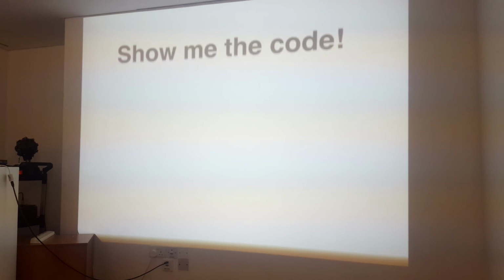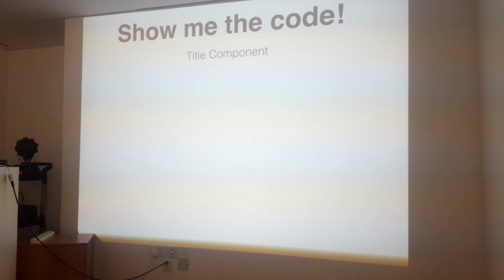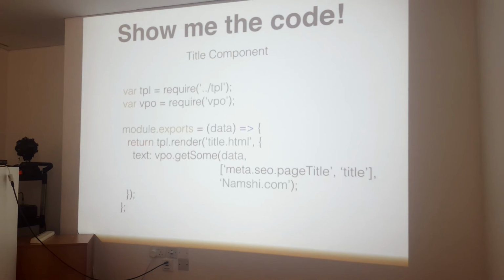So this is an example of a small component. It's a title component. The reason is to be able to fit it in a slide. This is the title. It's namely what renders the title tag. No rocket science. It gets called, injects the data.